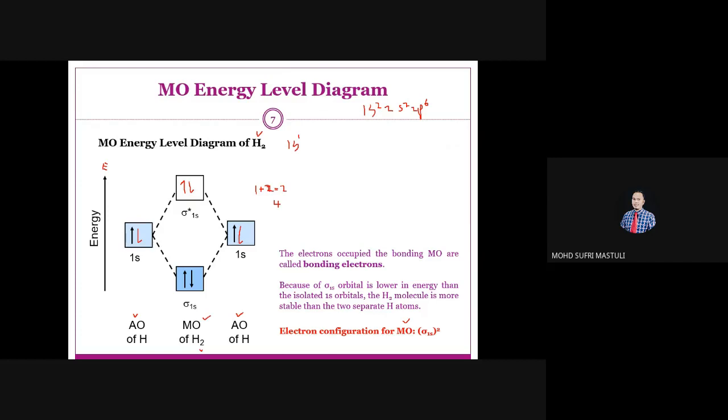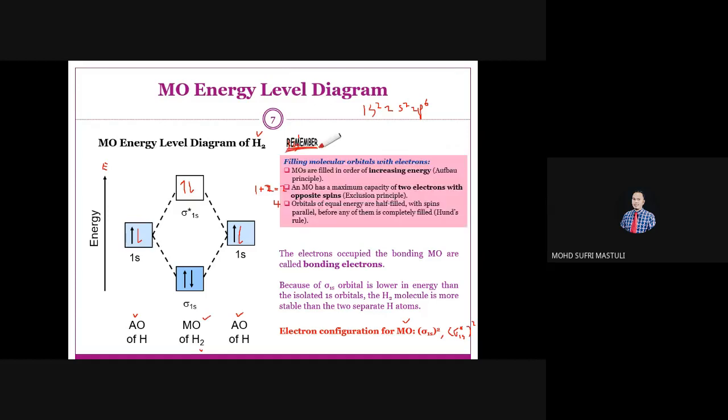In this case, we have sigma 1s. How many electrons? Sigma 1s, 2 electrons. If the anti-bonding sigma contains another electron, we can continue: sigma star 1s, how many electrons? 2 electrons. So this is the way to write the electron configuration for molecular orbitals.